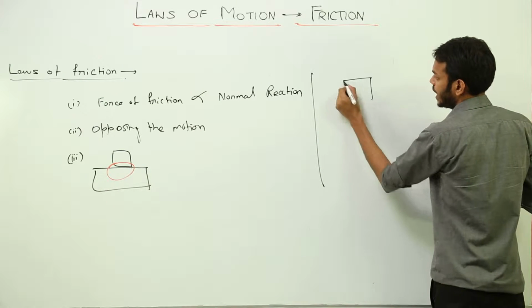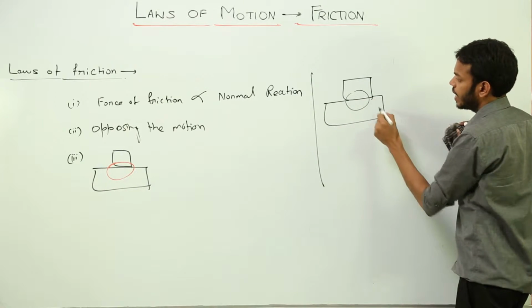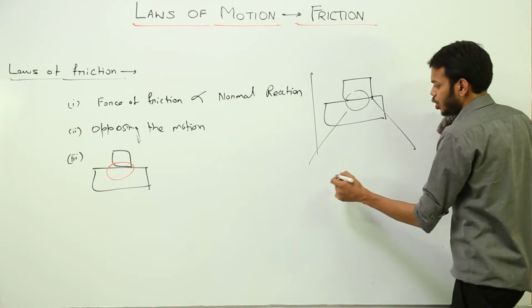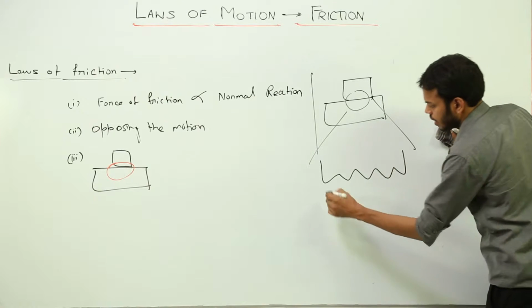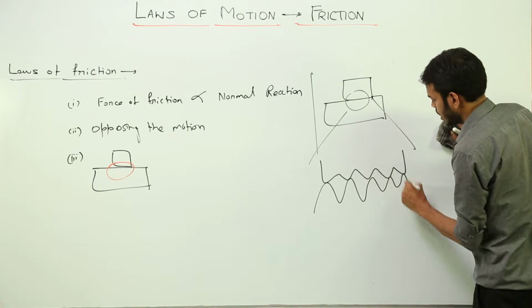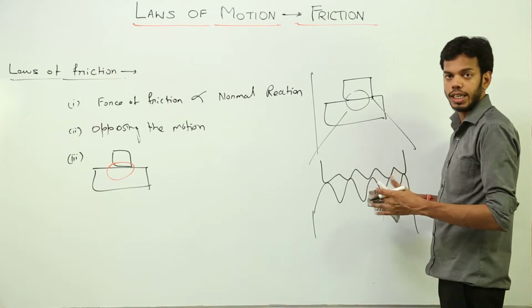Suppose we have two surfaces in contact like this, and if I enlarge it to the microscopic level, consider that these two bodies are like this. The irregularities, I am showing you the actual points of contact. Now as we have discussed, I'll come to the point of polishing in a while.